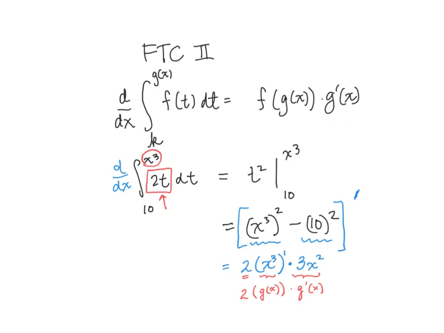All right, so let's do something a little bit more straightforward without integrating first. So if we want to differentiate, and we'll go from any constant, we'll just say from 2 to 5x of, say, 3t plus t squared dt.